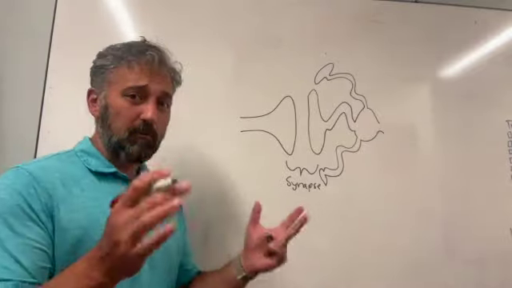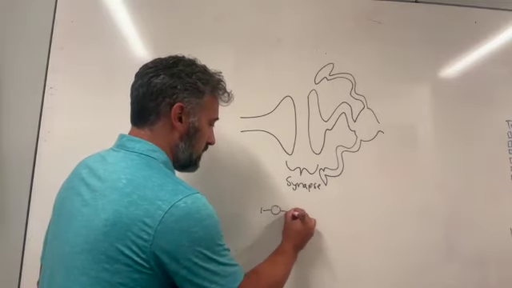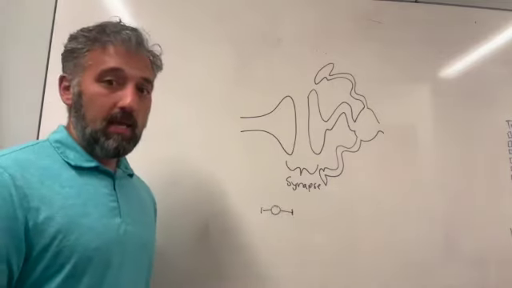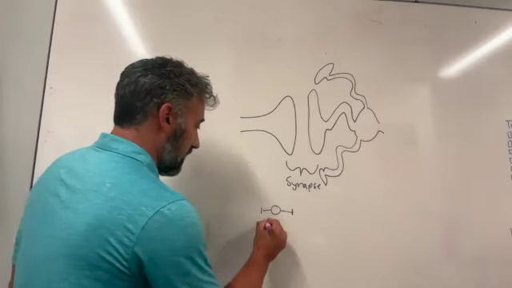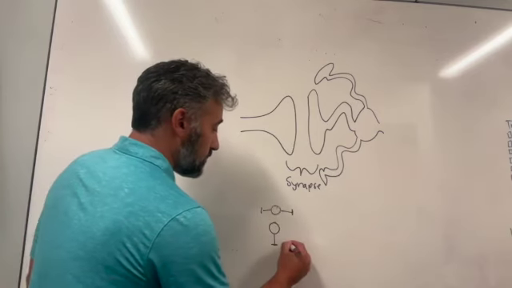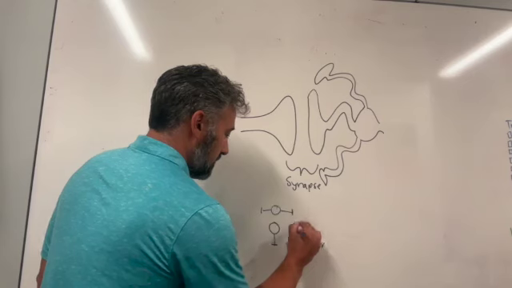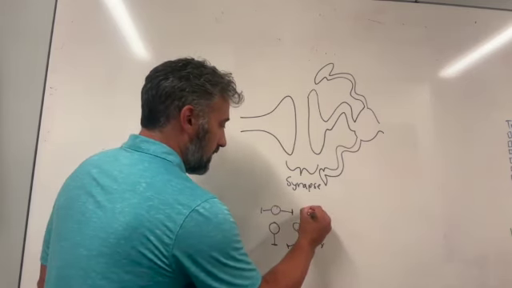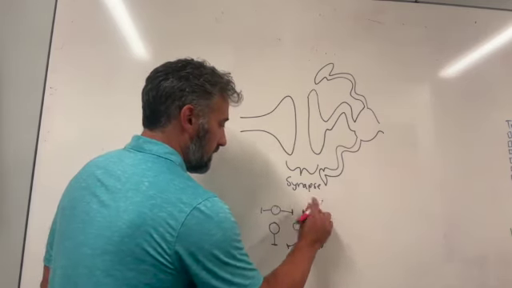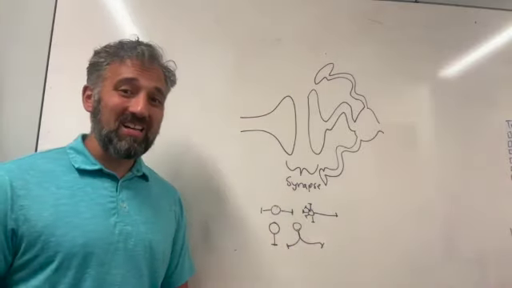So remember, there's the different types of neurons. There's the bipolar neurons, which we saw a lot in the eye. There are unipolar neurons. There are also pseudo-unipolar neurons. And then there are multipolar neurons. And they all have an axon.